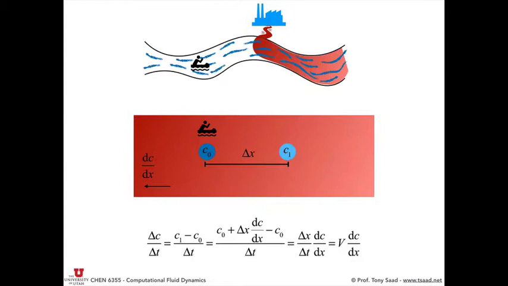And that is simply C1 minus C0 over the time it took to travel from this point to that point, right? So you hop on the boat, you hit the first point C0, you start your timer, you hit point C1, you stop your timer, that gives you a delta T.